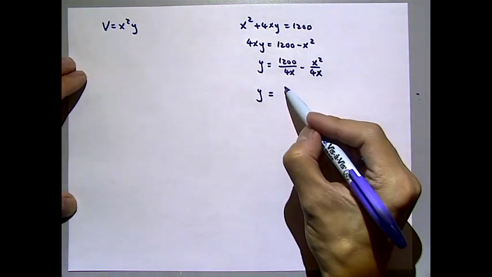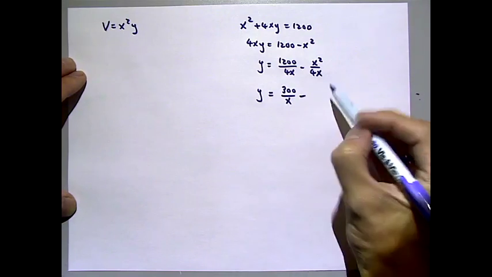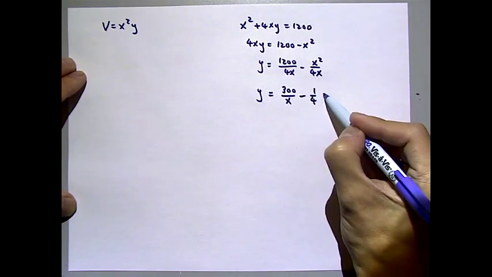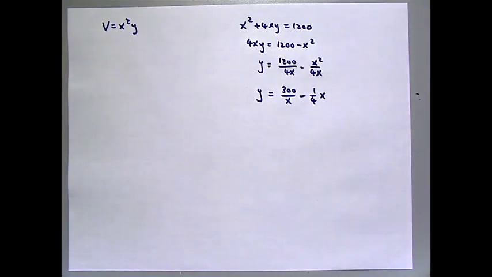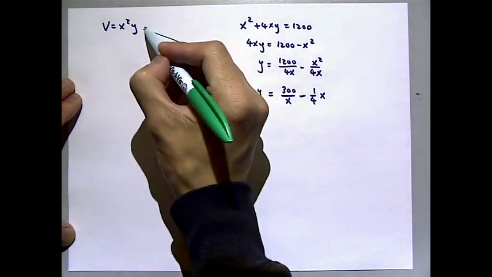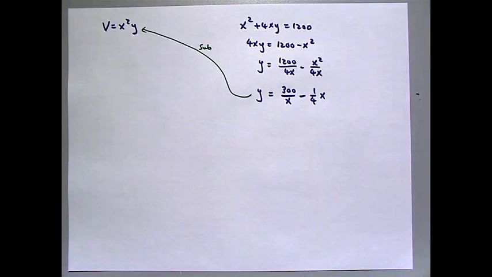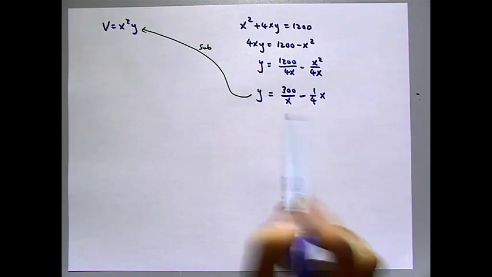And we get y is equal to 300 over x minus 1 over 4 times x. Then we take this, sub into that. And then what's going to happen is that V will lose that y, because y is in terms of x now.